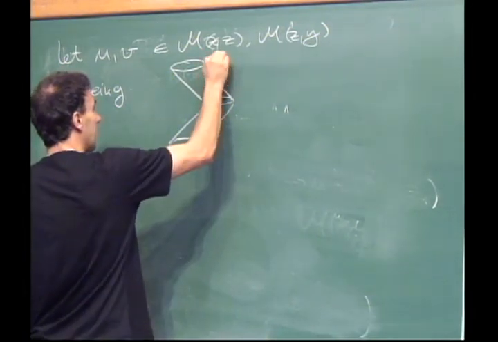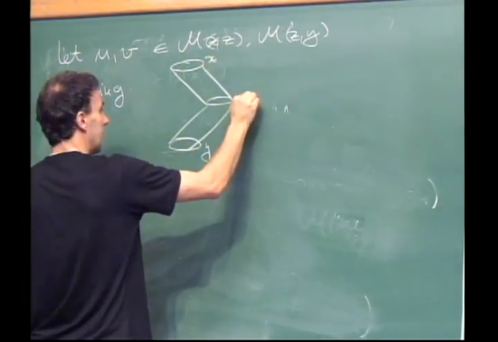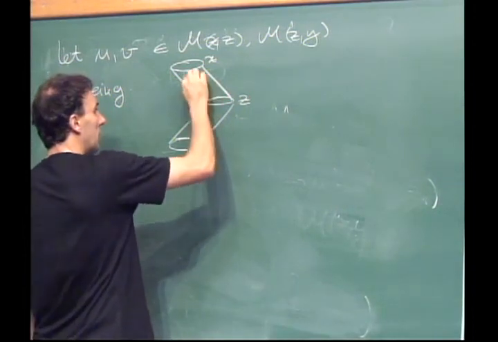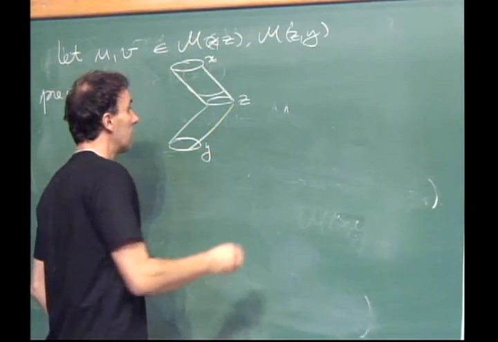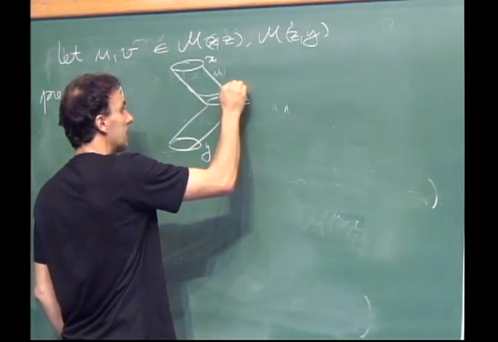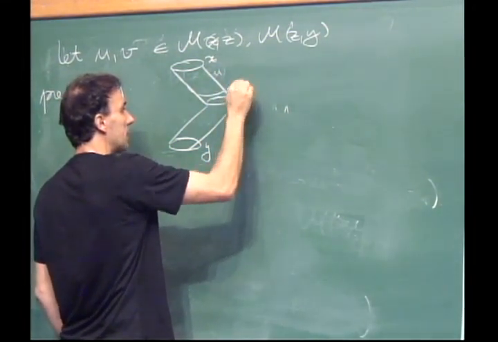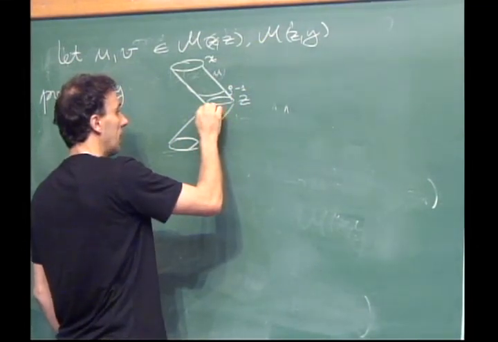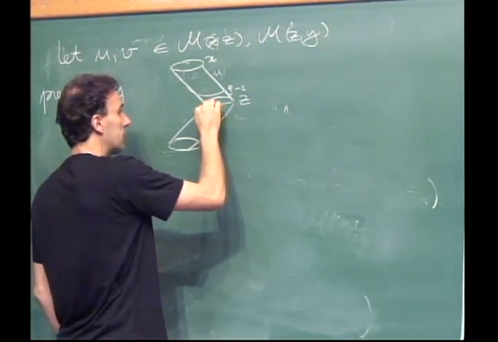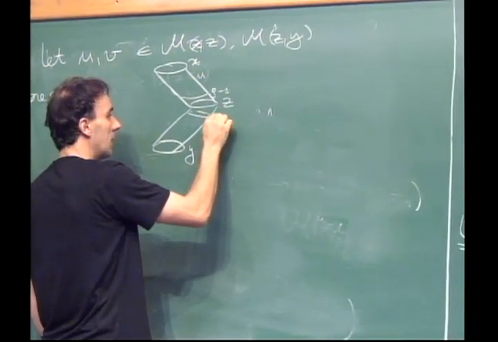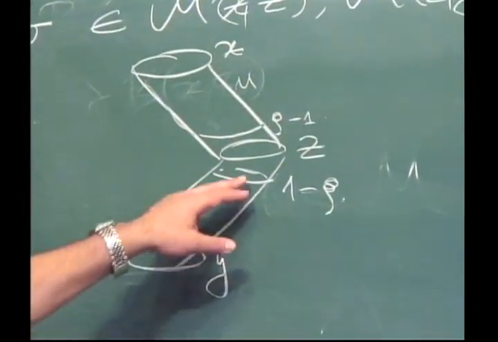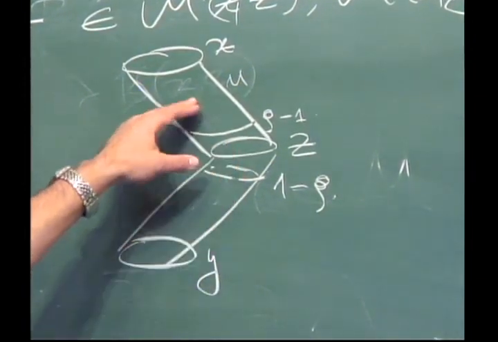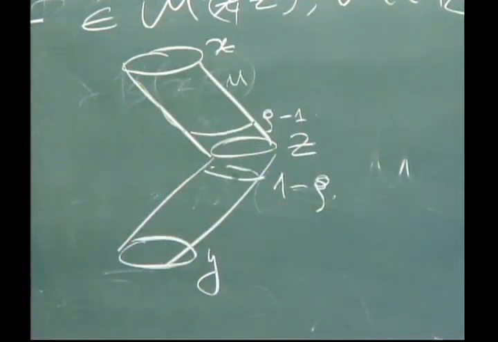So this is x, this is y, this is z, and then you go with u until a big time rho minus 1, and then here you start from v with the very negative time 1 minus rho, and between the both you do some interpolation.